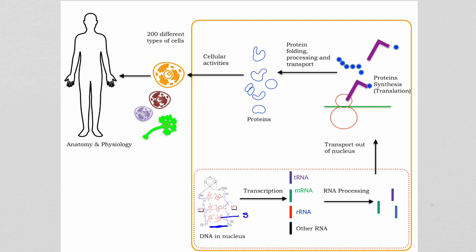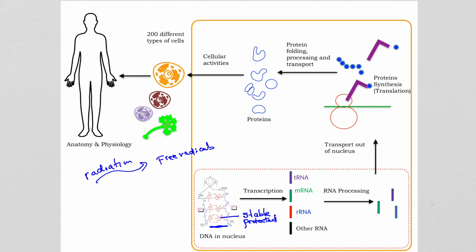Therefore, it must be a very stable form of information, and it must be protected, because in our cells there's all kinds of chemicals and especially free radicals. Free radicals are very, very reactive chemical species that can form from radiation and many other sources.